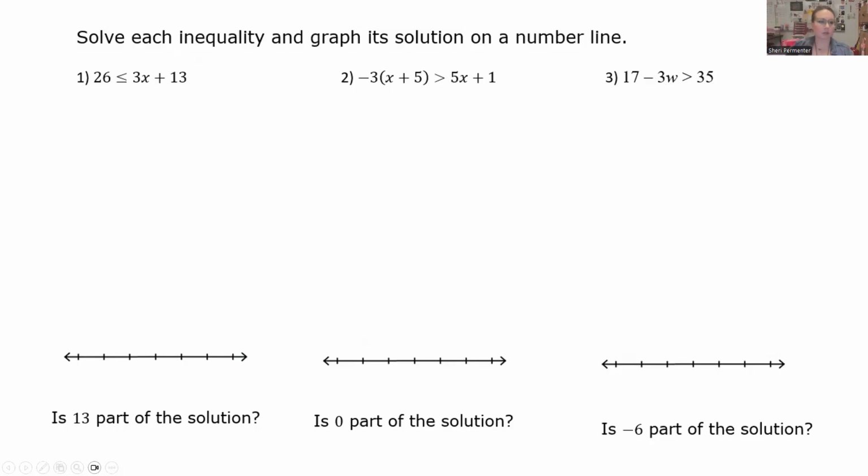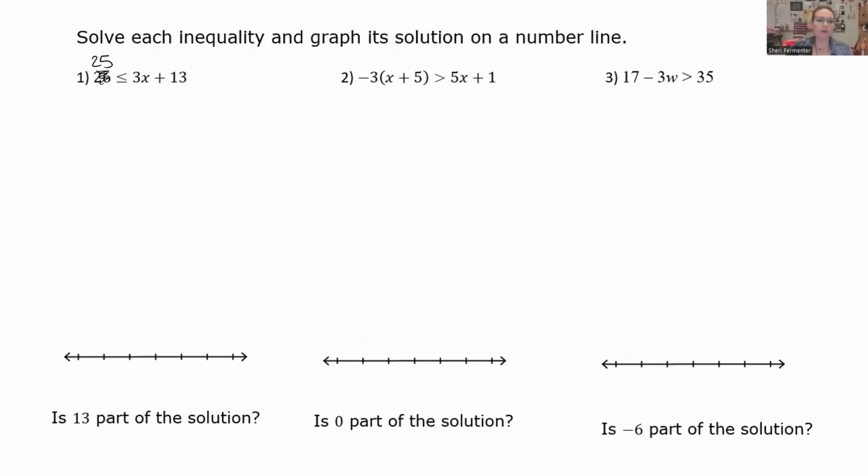Okay, this is supposed to be a 25. We're going to fix it. Fix it, make it a 25.